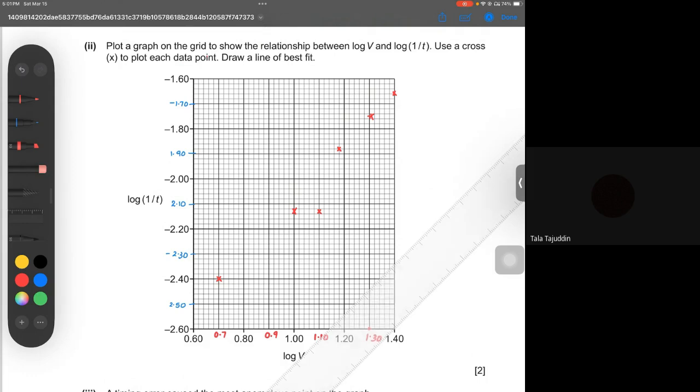Now I'm going to take a ruler. Then I would be drawing a line of best fit. So I can draw the line of best fit.